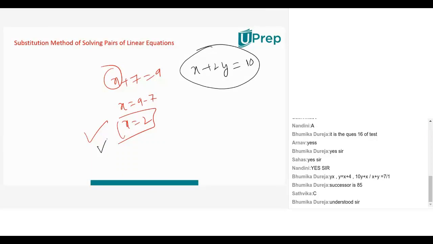Solving for one variable directly is simple. But when it comes to linear equations in two variables, a unique solution is possible only when you have two equations. Let's say I have another equation, 2x plus 3y equal to 7. Now I can easily solve.